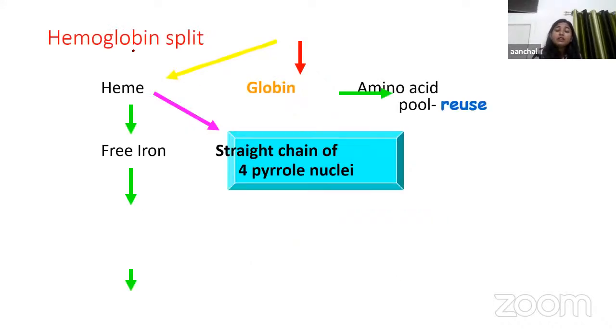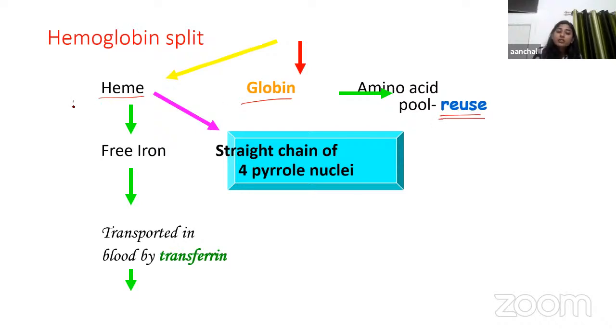So what will happen? The hemoglobin gets split into heme and globin, where the globin enters the amino acid pool for reuse, and the heme has the iron part and the remaining part, right? The iron gets converted into ferritin and stored inside the liver for reuse again.